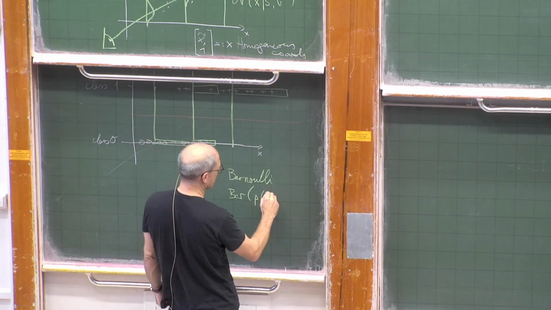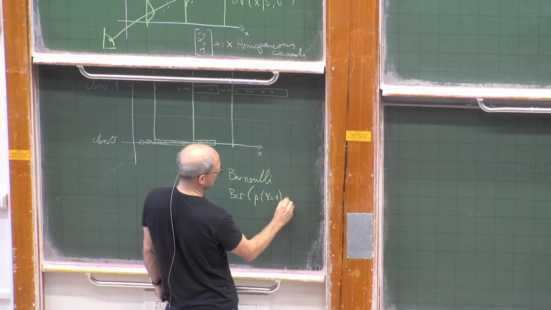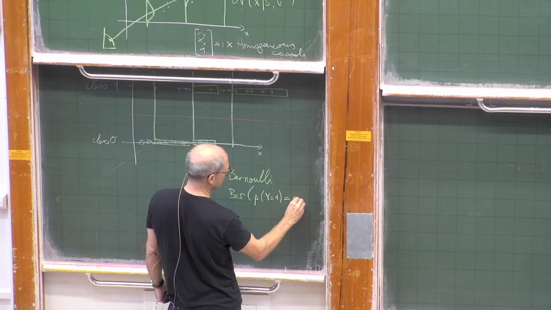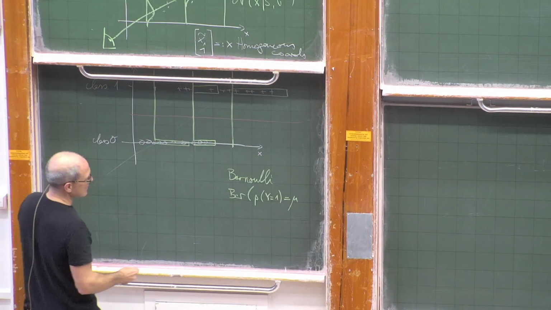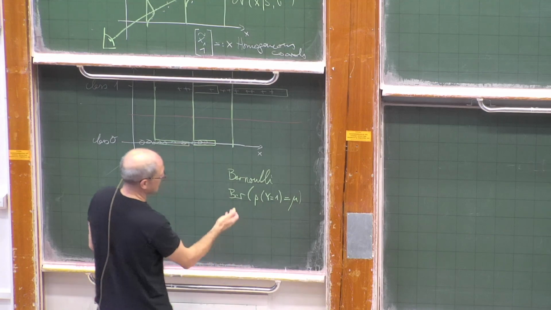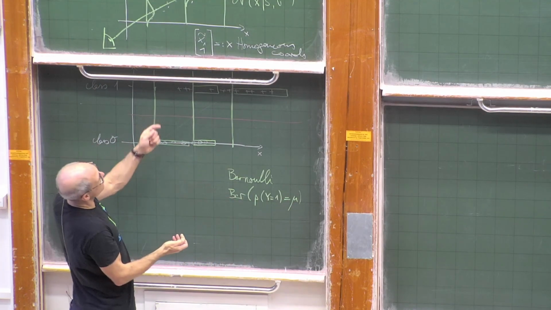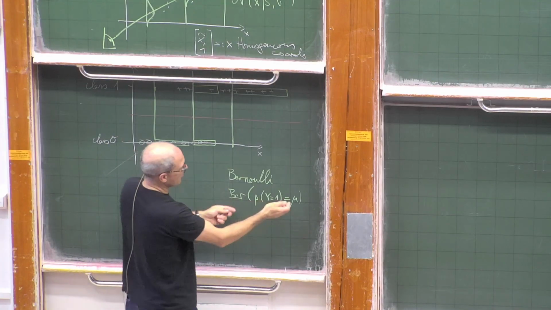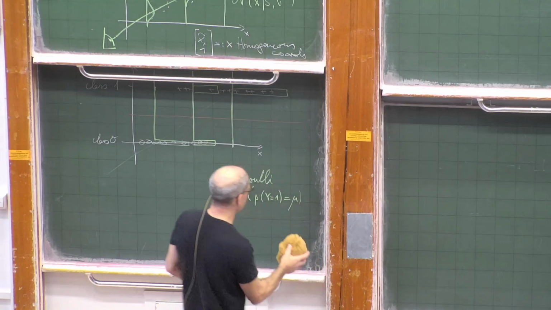So the probability that the class is 1, and this single parameter of the Bernoulli distribution is called mu. But here the feature does not enter. So what we need is to somehow make this depend on the observation we have.